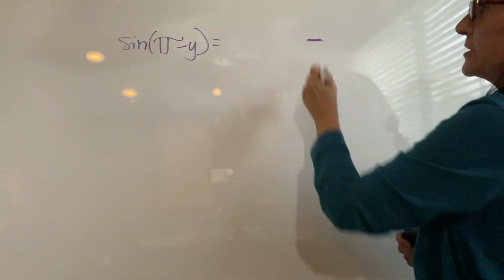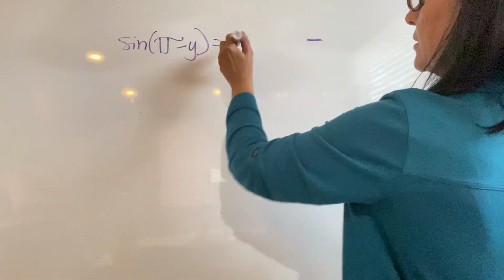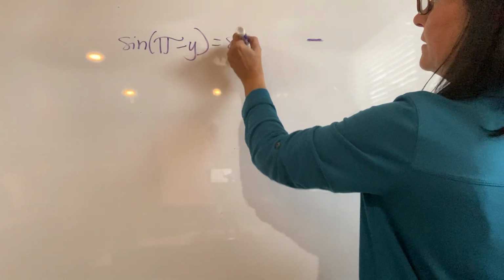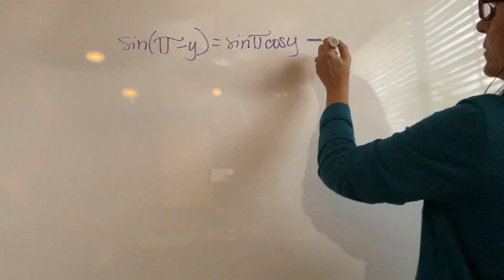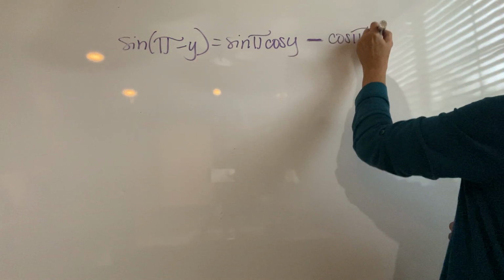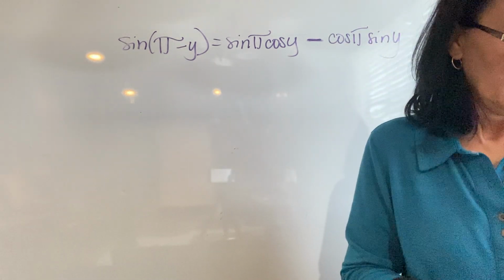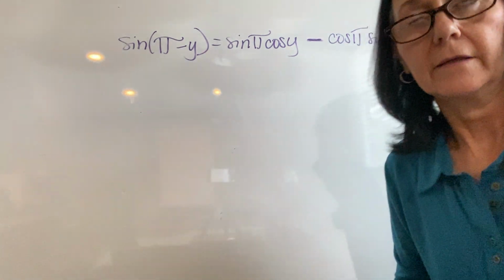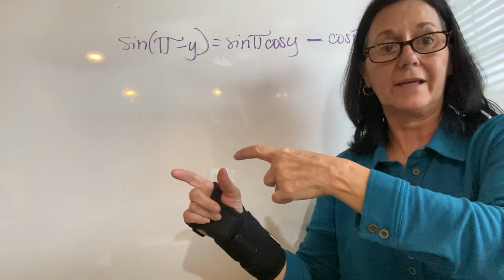The cosine is just the opposite, right? And then it's the sine of the first one times the cosine of the second one. So it's the sine of pi times the cosine of y. Now you swap them. Then it's the cosine of pi times the sine of y. All right, so you're just swapping those for the sine. For the cosine, the signs are the opposite, and it's cosine, cosine, sine, sine.